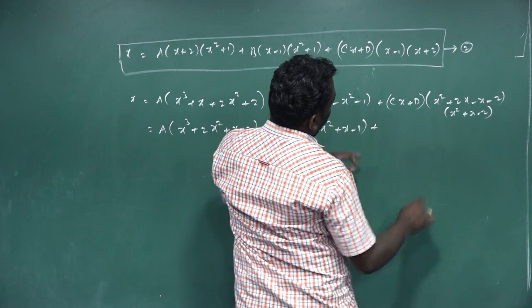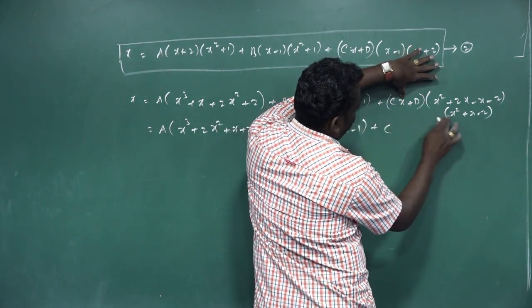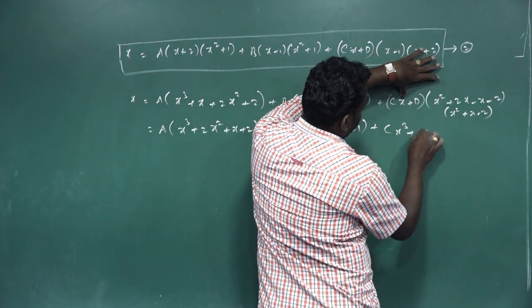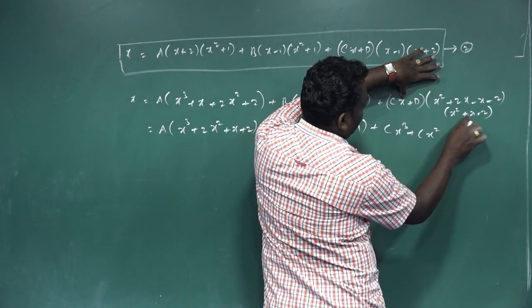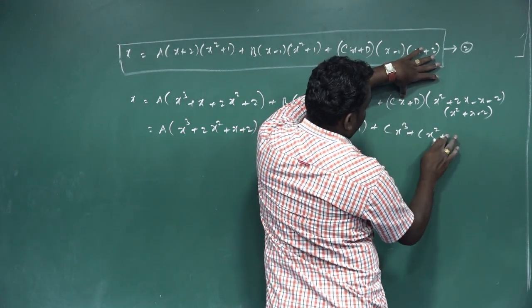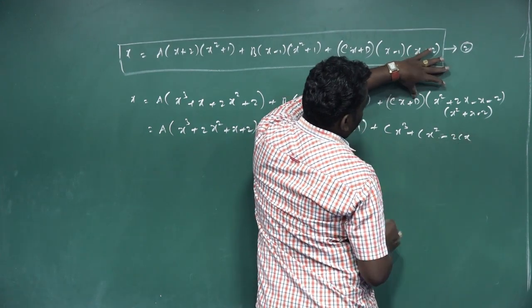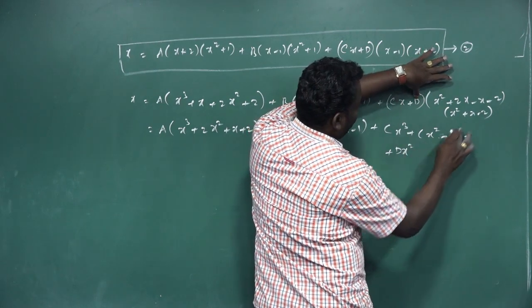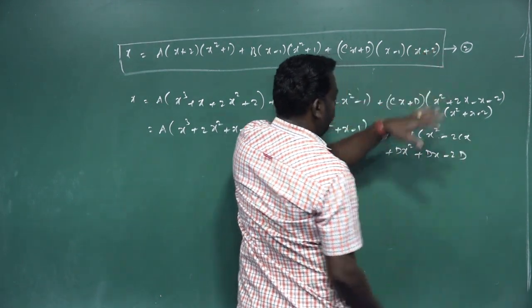And we have to multiply these two brackets: c into x power 3, then plus cx square, cx into x is cx square, and then minus 2cx, then multiplying with this term, plus dx square, and plus dx minus 2d.